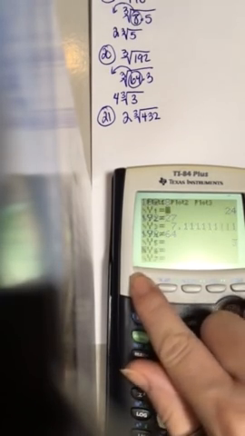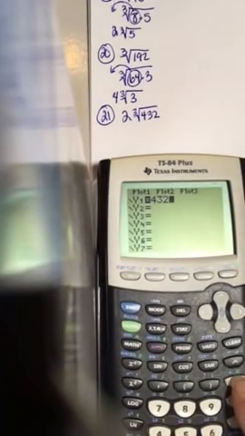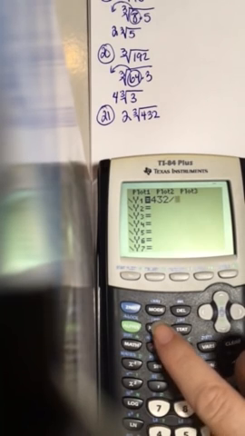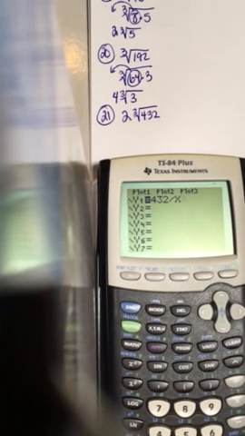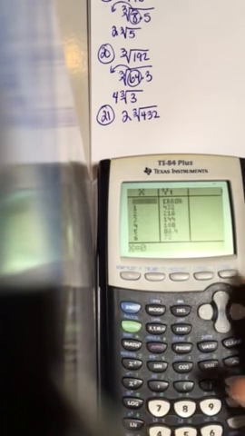So I'm going to hit y equals, and then I type in 432 divided by, I don't know if you can see that. So divided by, this is how you put in x, divided by x. Now I want to see a table. So I go second graph.